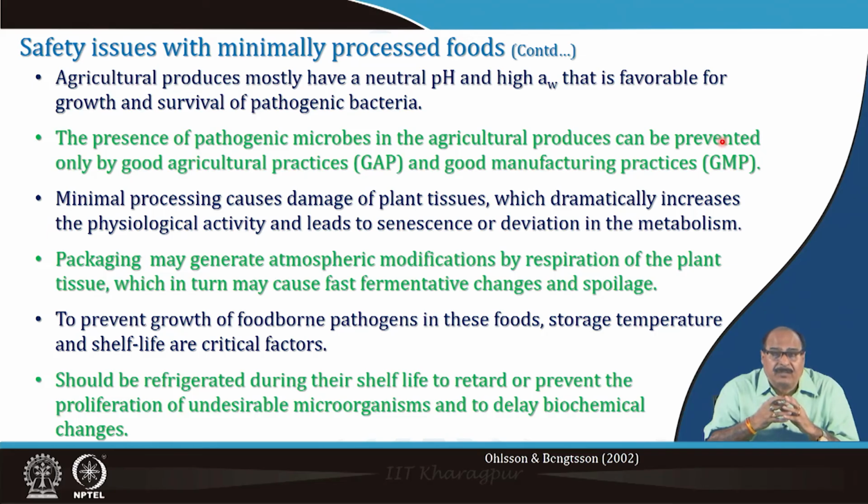The presence of pathogenic microbes in agricultural produce can be prevented only by good agricultural practices and good manufacturing practices. Minimal processing causes damage to plant tissues, which dramatically increases physiological activity and leads to senescence or deviation in the metabolism, so care should be taken. Packaging may generate atmospheric modification by respiration of the plant tissue, which in turn may cause fast fermentative changes and spoilage.